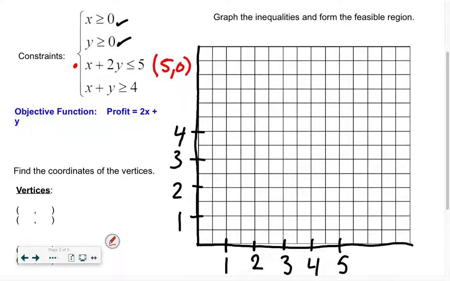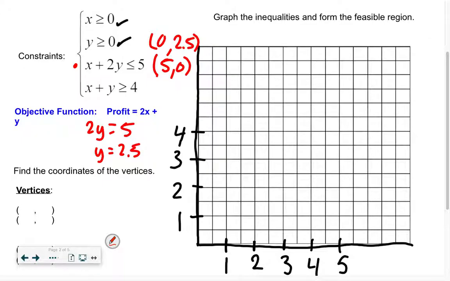Okay. If I cover up my x, I have 2y equals 5. So how big is y? 2.5. So I have the point, we'll write it on top, (0, 2.5). Questions on where I got those points?